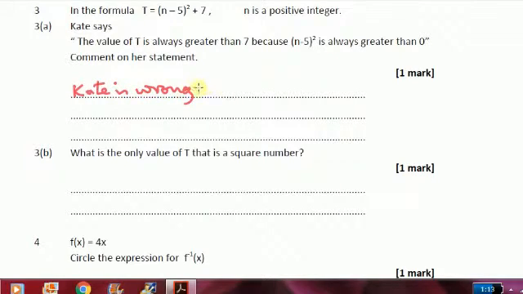And she's wrong because she says it's always greater than 0, but in fact, if you look at n minus 5 squared, that expression can be equal to 0 when n is equal to 5.